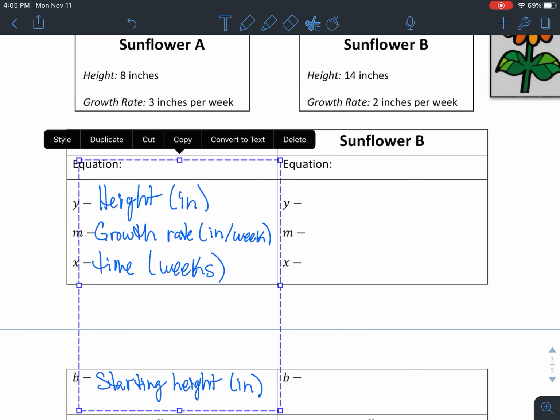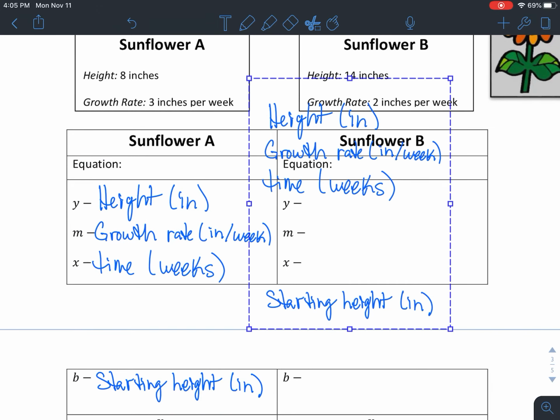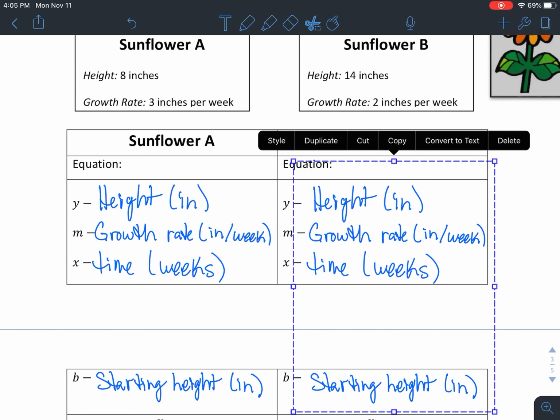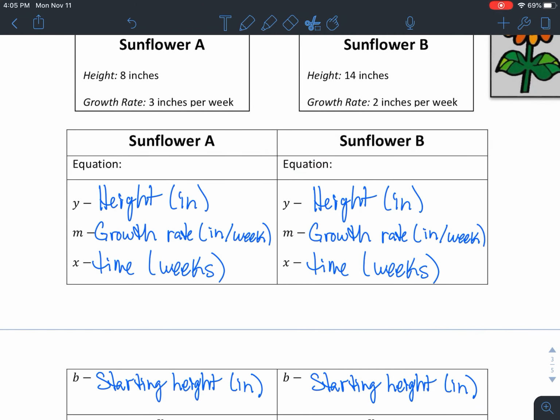I have the luxury of just copying and pasting this over. As we talked about earlier, variables in a system mean the same thing. In this case, sunflower A and sunflower B have the exact same x, y, b, and slope meanings.